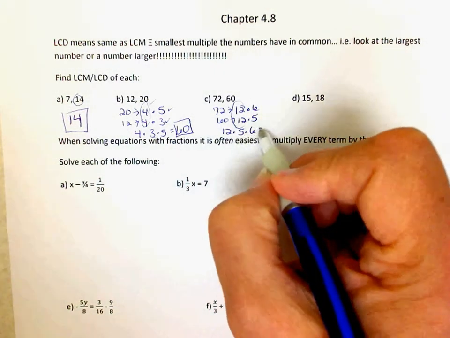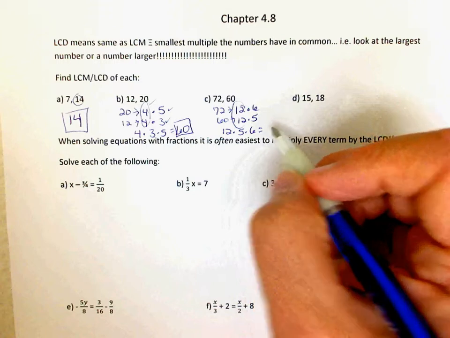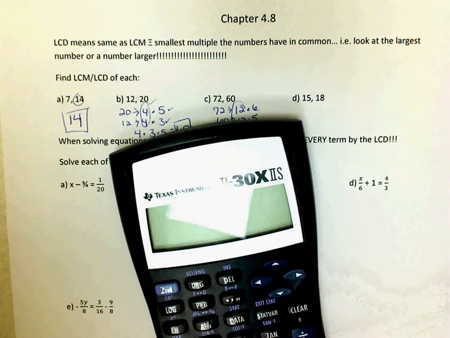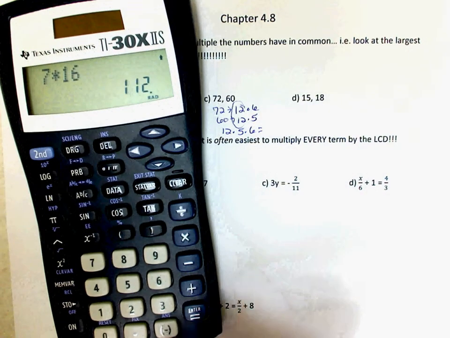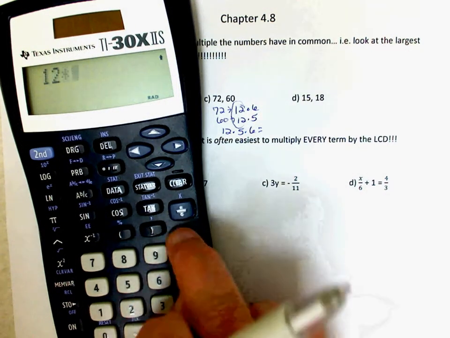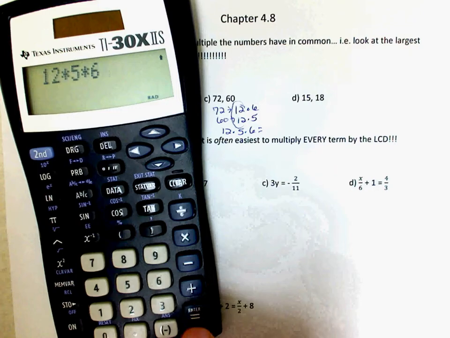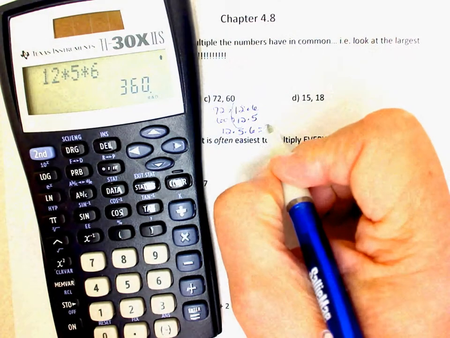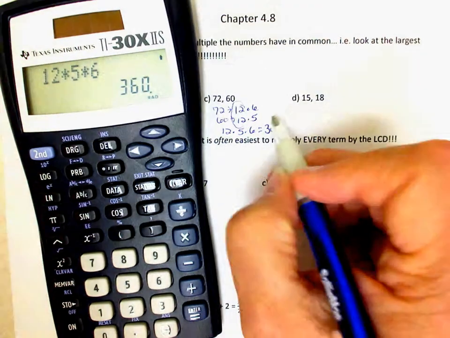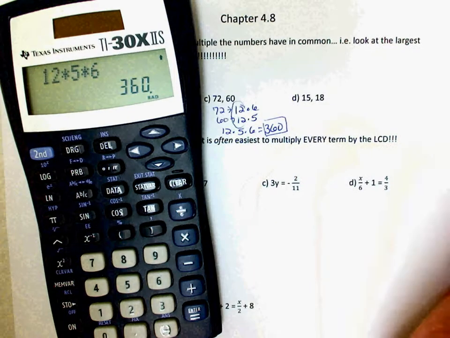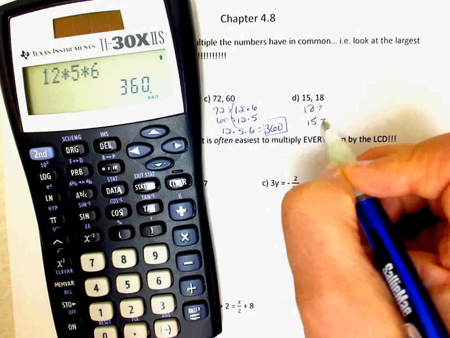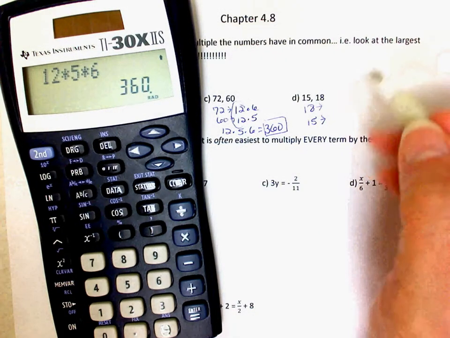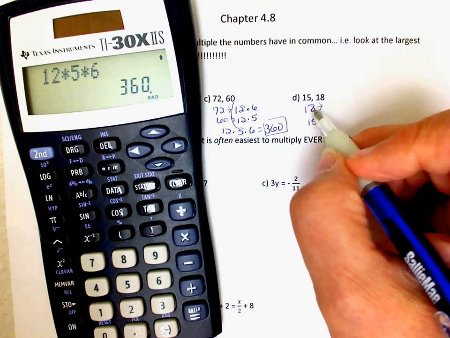So that gave us, I don't remember. So I'm going to cheat and use the calculator. 12 times 5 times 6 gave us 360. And is it cheating using a calculator? No, because at chapter 4 we're allowed to use a calculator.